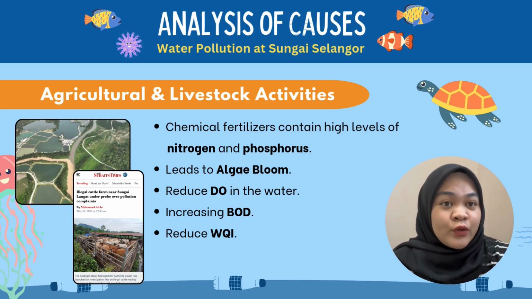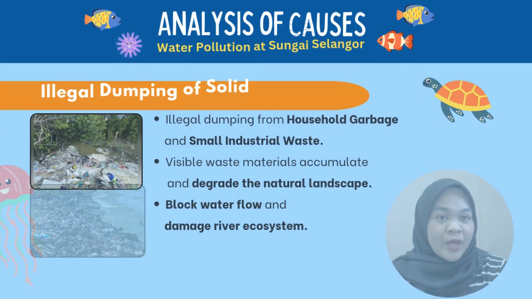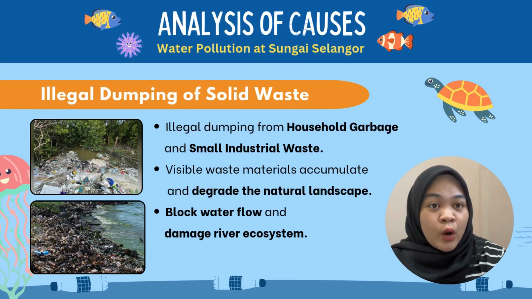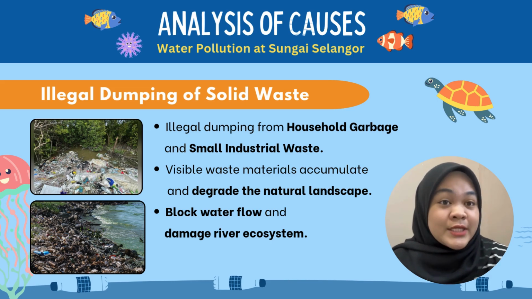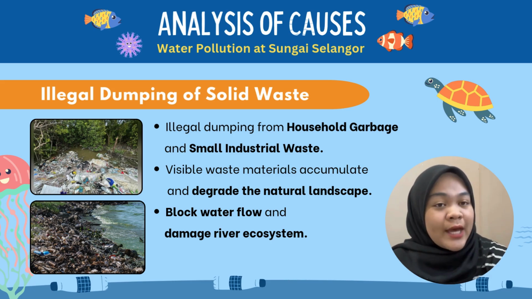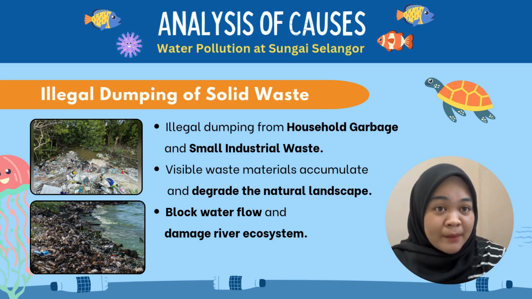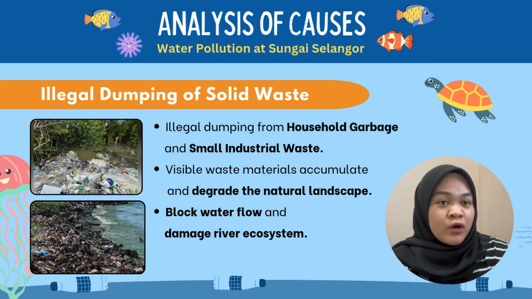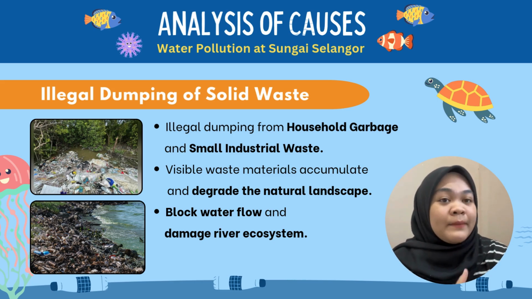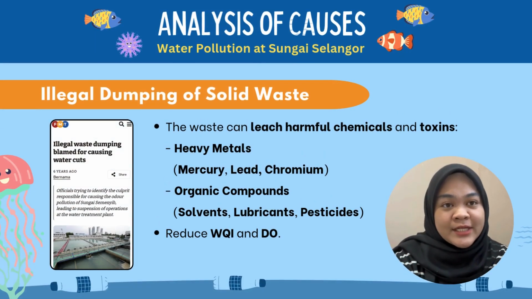This is called eutrophication. Finally, we have the visibly alarming issue of illegal dumping of solid waste. This includes household garbage and small industrial waste that has been dumped illegally near the river or drains. One of the impacts is that it will degrade the natural landscape, can block water flows, and damage the river ecosystem. More insidiously, the waste leaches harmful chemicals and toxins into the soil and river.